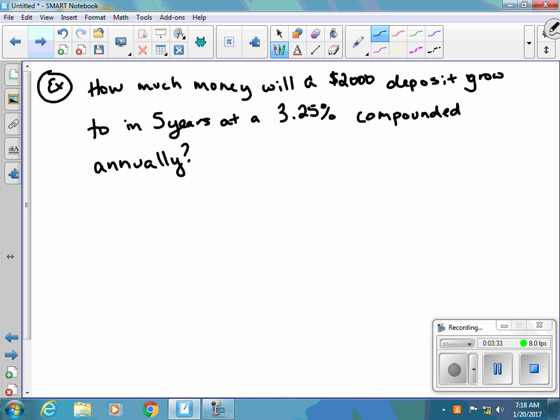So how much money will a $2,000 deposit grow to in 5 years at 3.25% compounded annually?